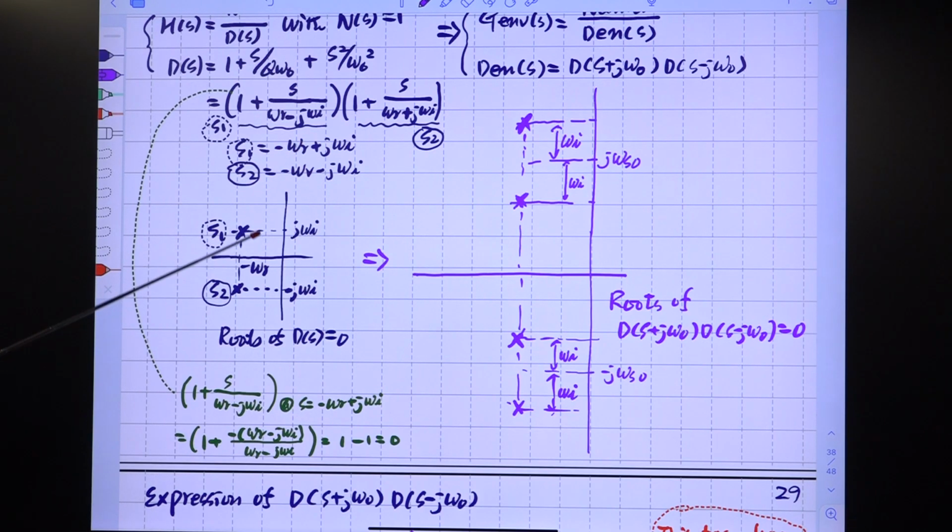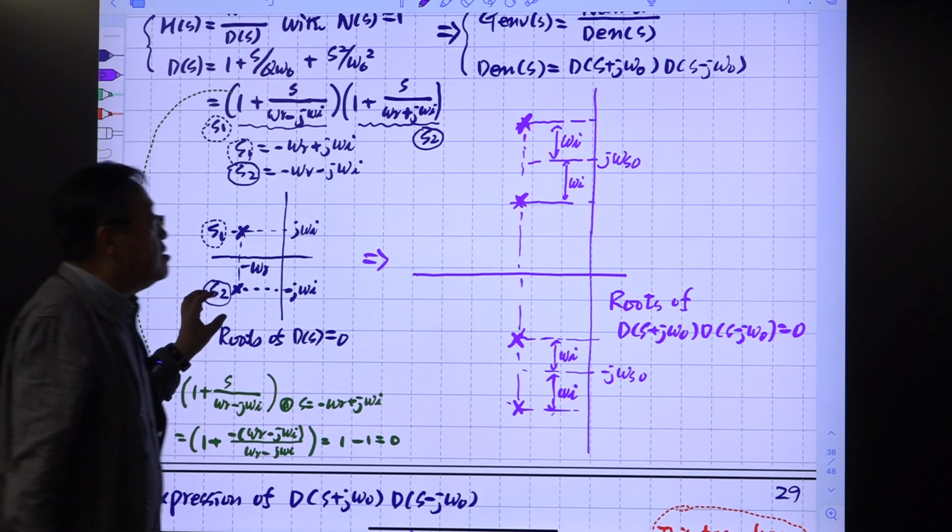It's the same thing. This equation is the same, and I used this. So in this term, if we put this number, then this becomes 0, meaning this term has a zero at this point, which is S1. This one.